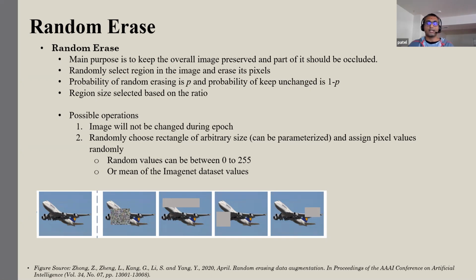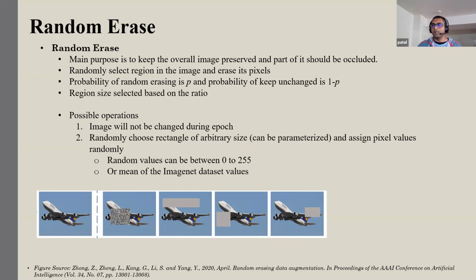After passing through RandomErase, there are two different possible operations: either the image will be changed or the image may not be changed. If changed, then an arbitrary size rectangle will be placed on the image, and that area will be replaced by many different options. You can control that as well. It can be random numbers between 0 to 255 depending upon your image, whether it is a gray image or a color image.